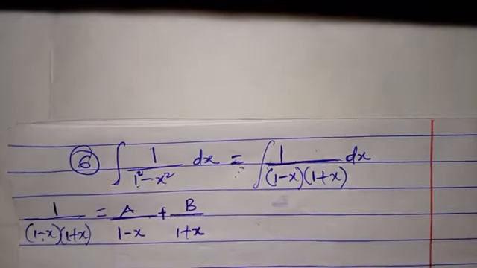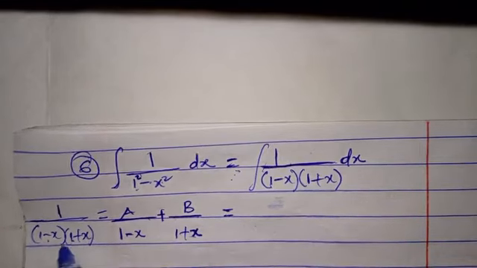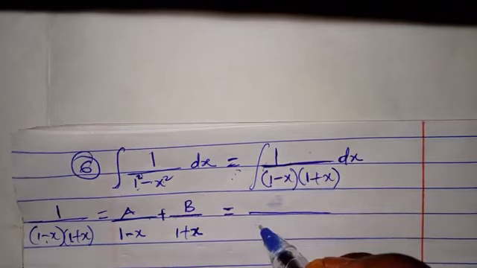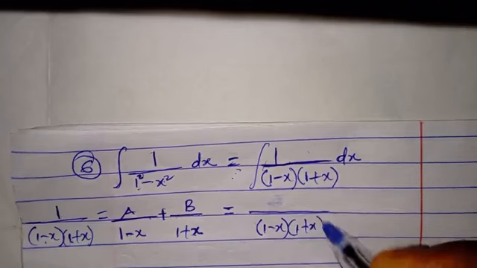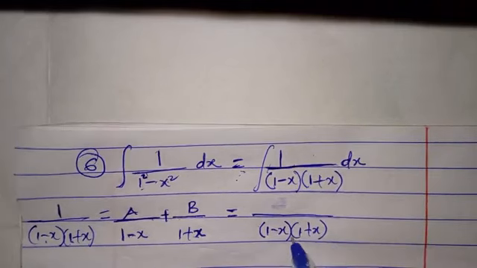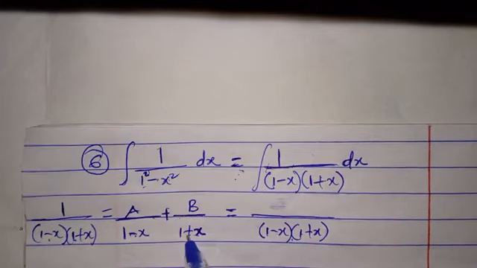You can watch my video on partial fractions to understand what I'm doing here. So if I simplify this right hand side, the LCM is still the same as what's here.